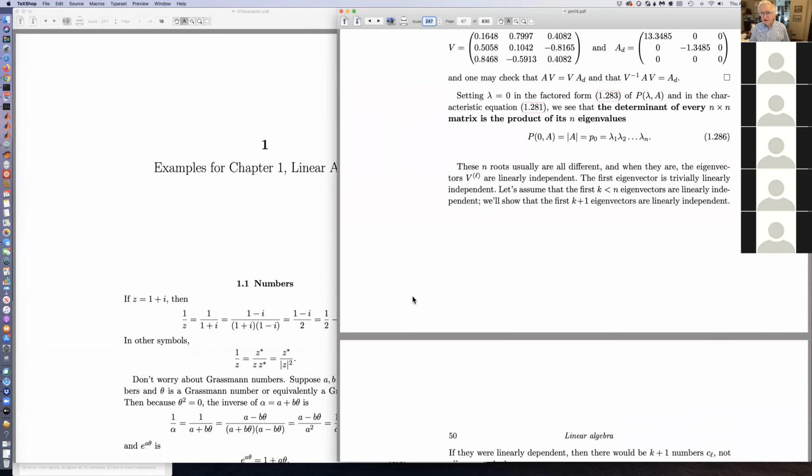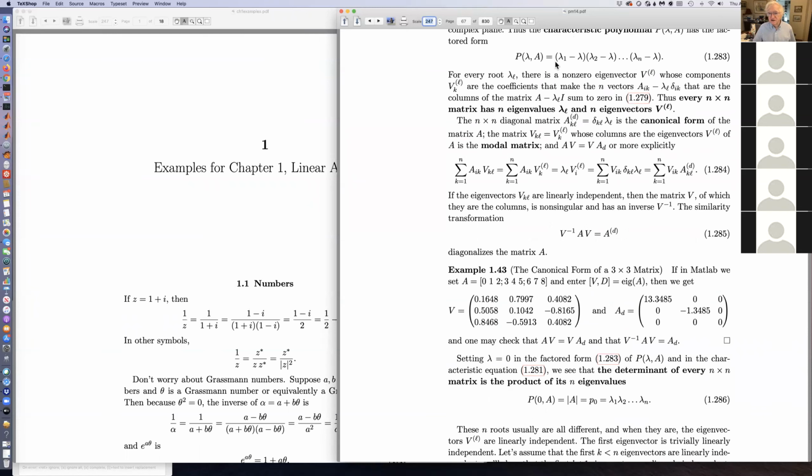If we set lambda equal to 0 in the factored form, in other words, if you find the n roots of the characteristic equation, you can write the characteristic equation in this form. If you set lambda equal to 0, you see that P of 0, which is the determinant of A, is just the product of the eigenvalues.